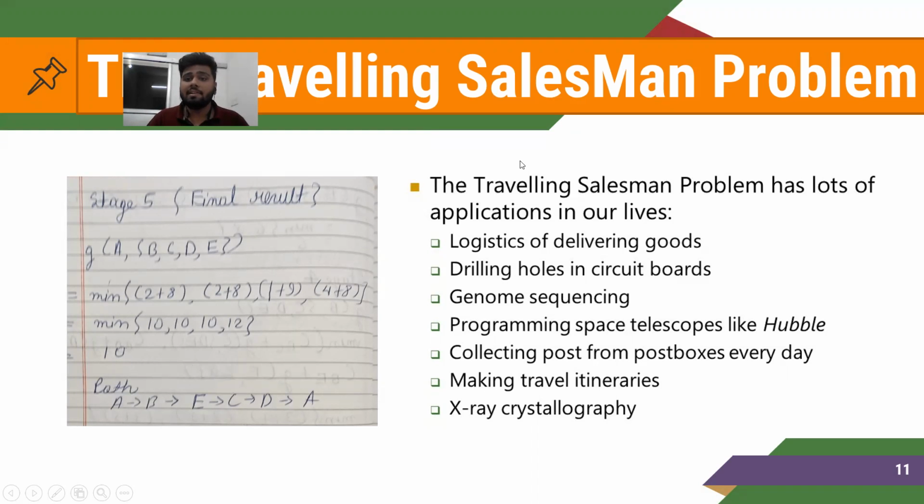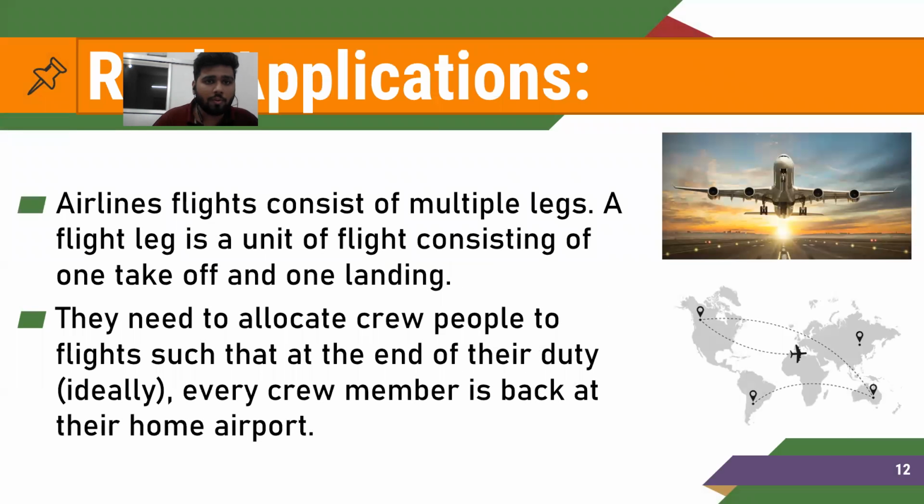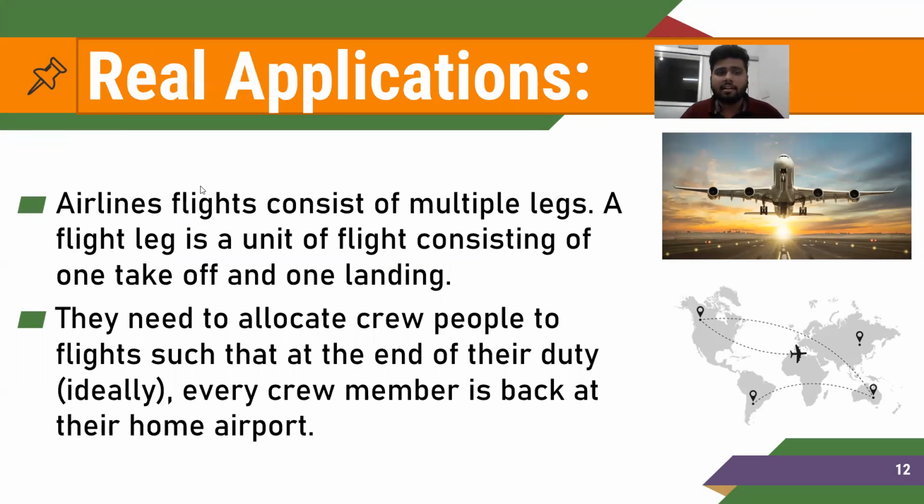Now, the traveling salesman problem has a lot of applications in our lives: logistics of delivering goods, drilling holes in circuit boards, genome sequencing, programming space telescopes, making travel itineraries, X-ray crystallography. So yeah, some real life applications. Airlines flight consists of multiple legs.